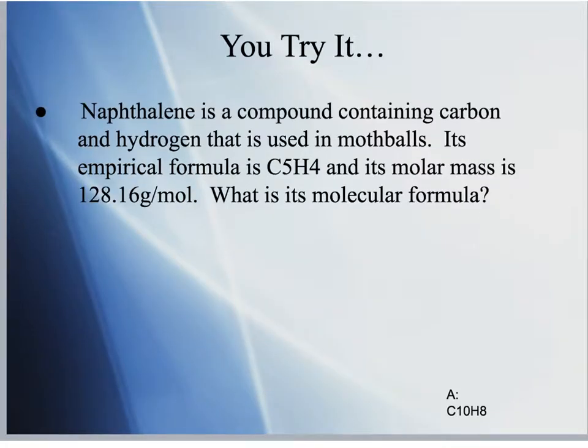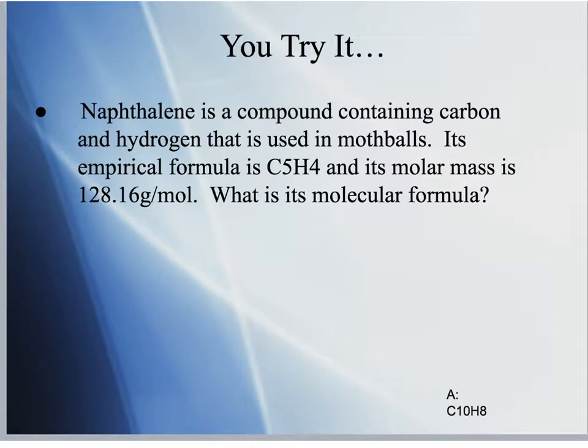Because this is one step further complication from empirical formula, we're going to do another example. So here is an example. It says naphthalene. Remember we talked about naphthalene in the very first lecture about distillation and the crude oil distillation apparatuses that we see sometimes going off the freeway, especially towards LA.